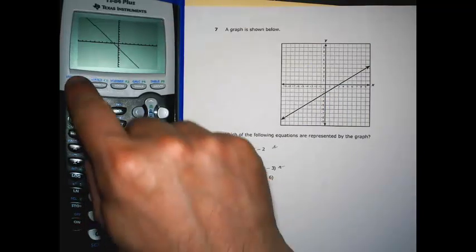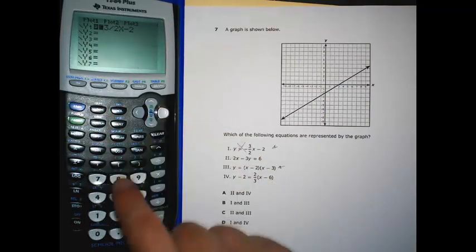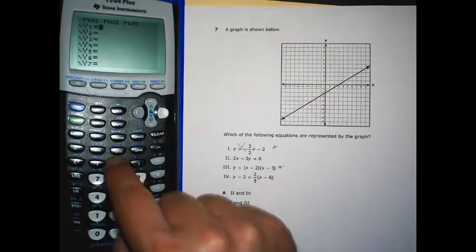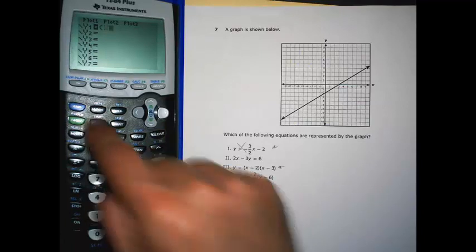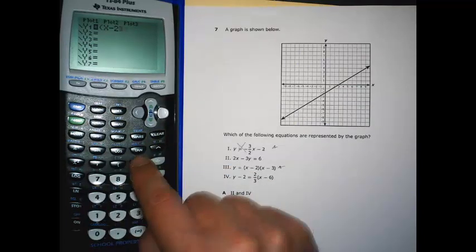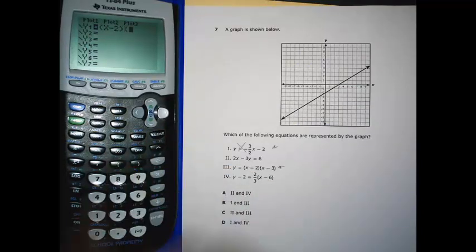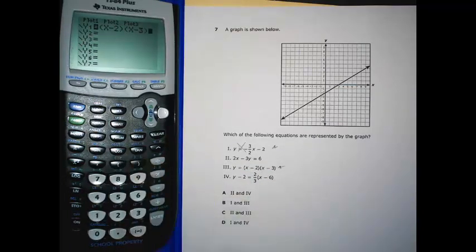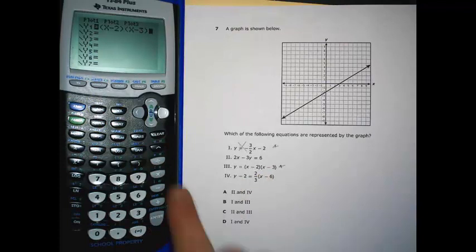Alright, so let's go back to the y button, and let's enter the second equation by pressing parentheses. Let's clear. Put parentheses, x minus 2, close parentheses, and then parentheses, x minus 3, close parentheses. So basically that's what I have over there.